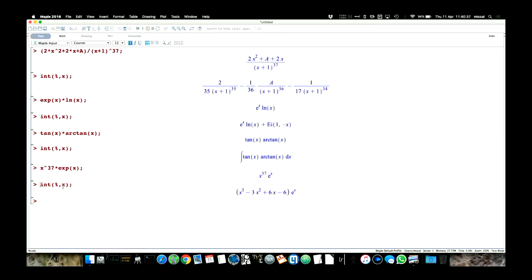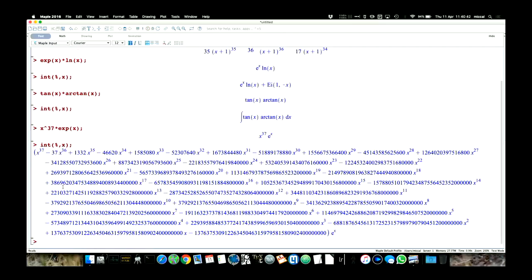The integral of x to the 37th will require 37 integration by parts. I'm not going to get you to do that. So 2 or 3, maybe 3 if I'm being cruel, should be it. If you've got a problem that's requiring more, then you're doing something wrong.